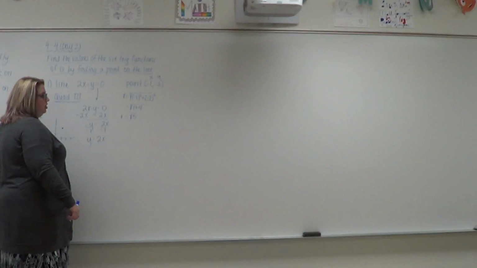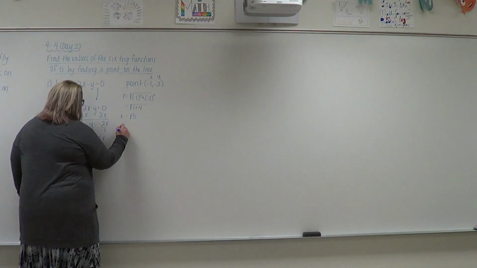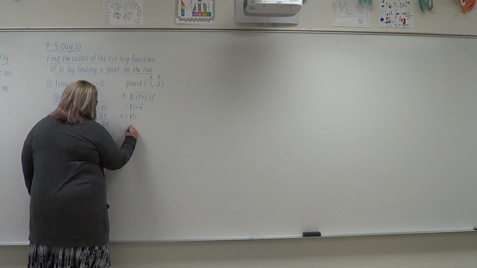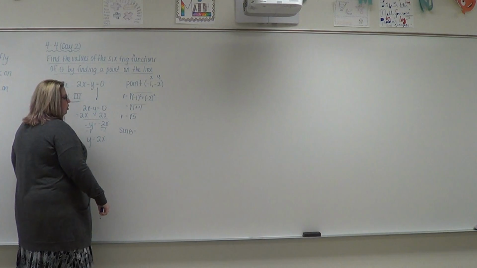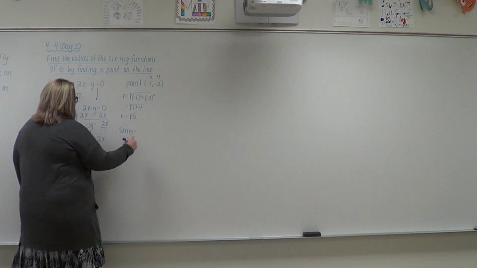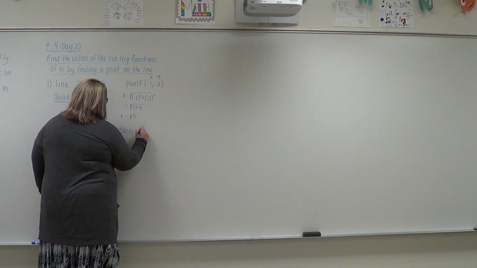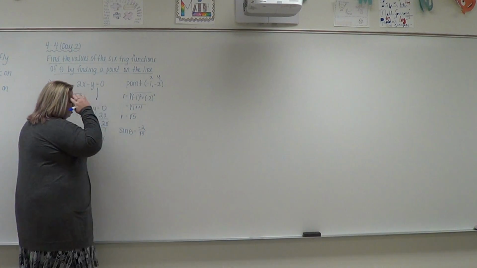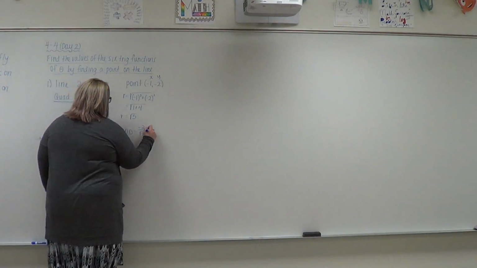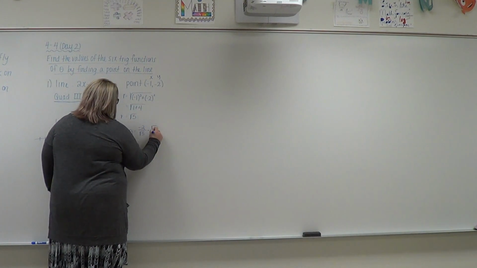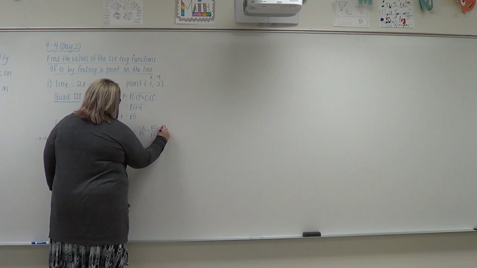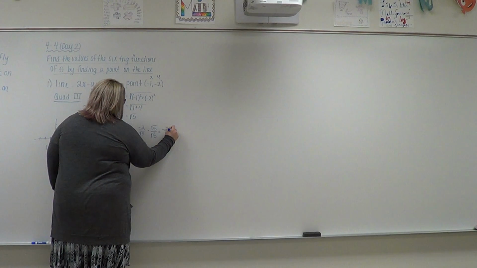And then we're going to find all 6 trig functions. So sine is equal to y over r. So -2 over square root of 5. Okay, but we can't leave that as our answer, so we're going to have to rationalize it. So we're going to multiply by square root of 5. So sine is -2 square root of 5 over 5.